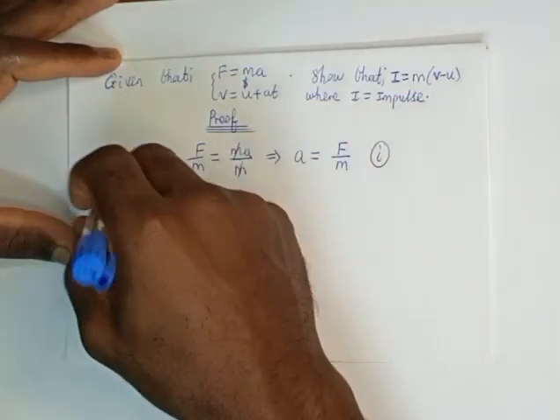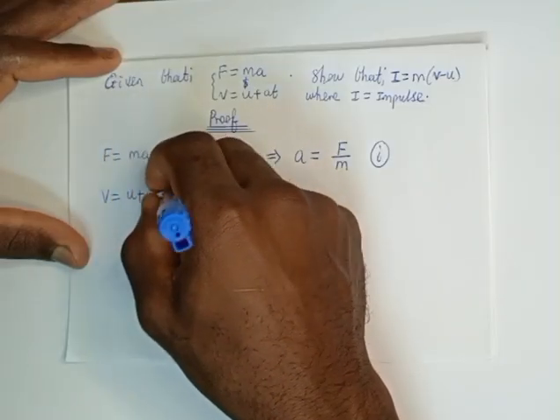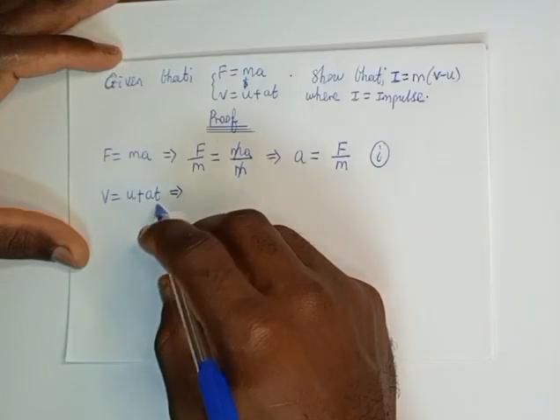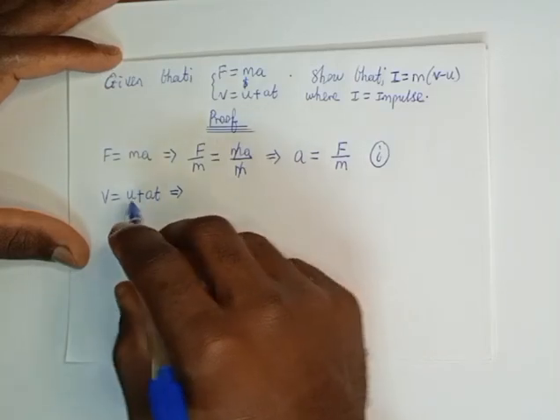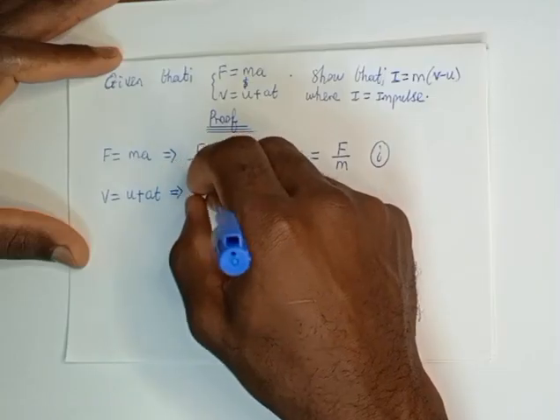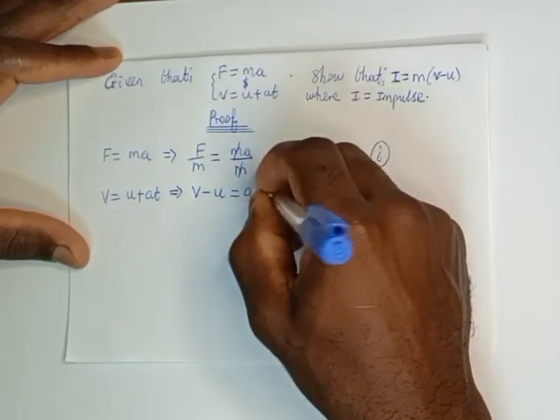We take now the second equation. We have V equal to U plus AT. Then, making A the subject of formula, we are going to start by transferring U to the left, which becomes negative. This will give us V minus U to be equal to AT.